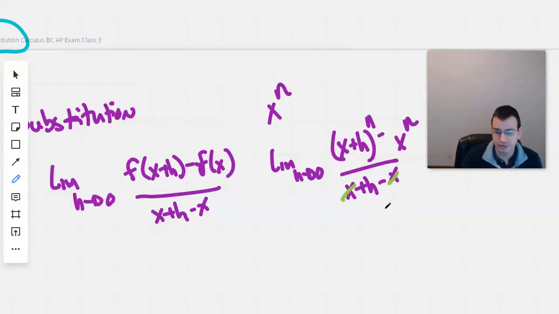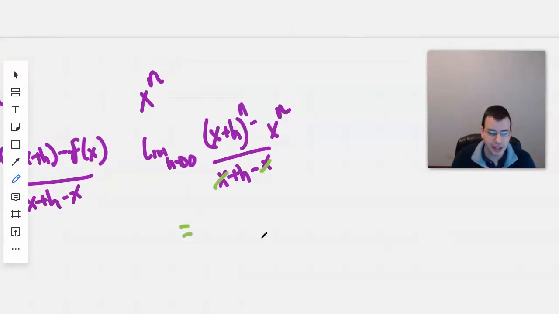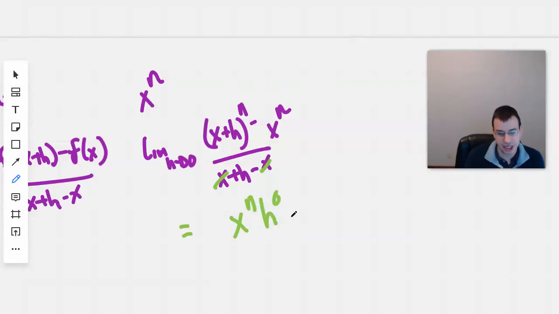The x's cancel. And then what you would do is expand out the x plus h to the n. And then you're like, wow, what if n's really big? That's kind of complicated. Indeed it is. So you get something like x to the n, h to the 0, plus n, x to the n minus 1, h to the first, plus other things.